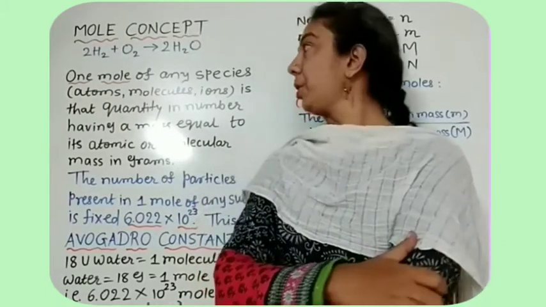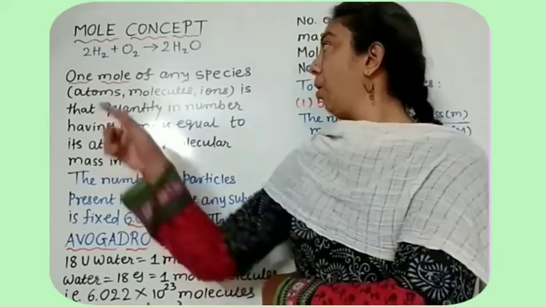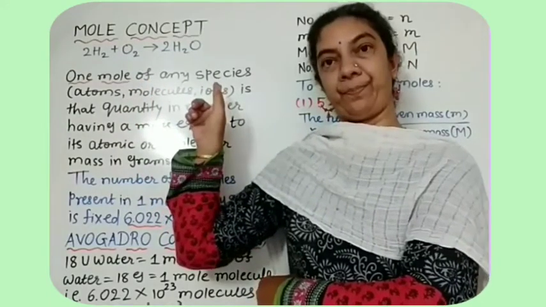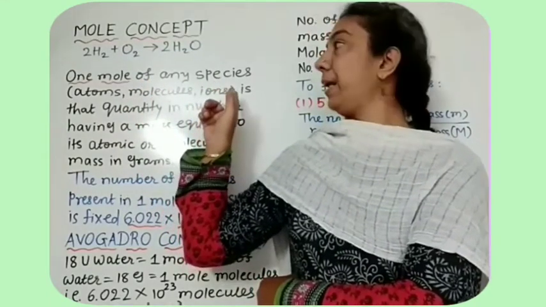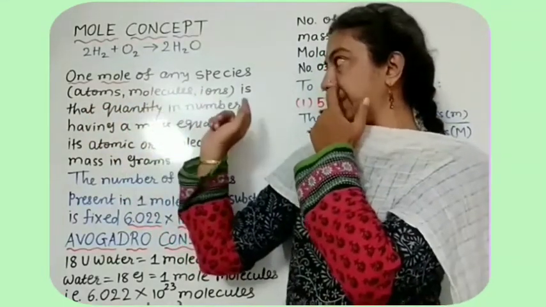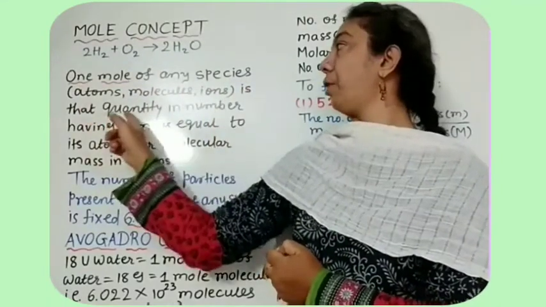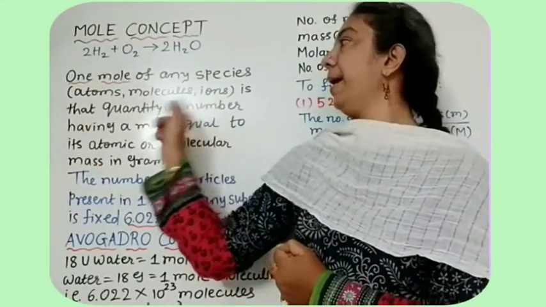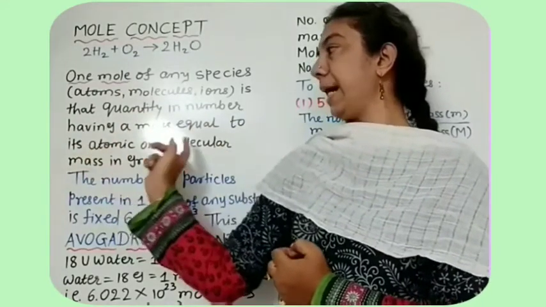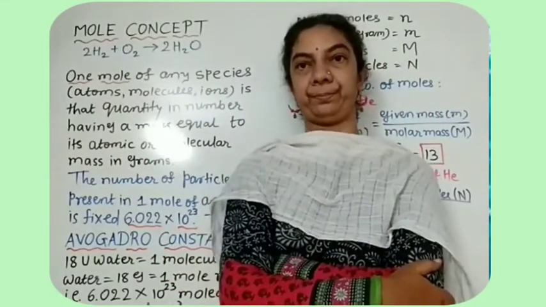The definition of mole is like this: 1 mole of any species. Species are related with atoms, molecules or ions. So 1 mole of any species is the quantity in number having a mass equal to its atomic or molecular mass in gram.